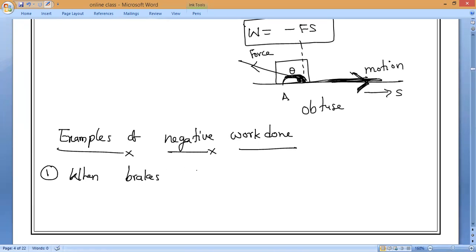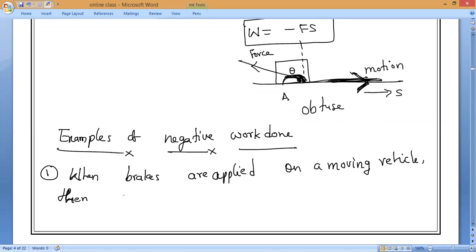When brakes are applied on a moving vehicle, whether a bicycle or any vehicle, we are trying to stop it, so the work done by the brakes is negative work done. Braking force is negative. Clear?